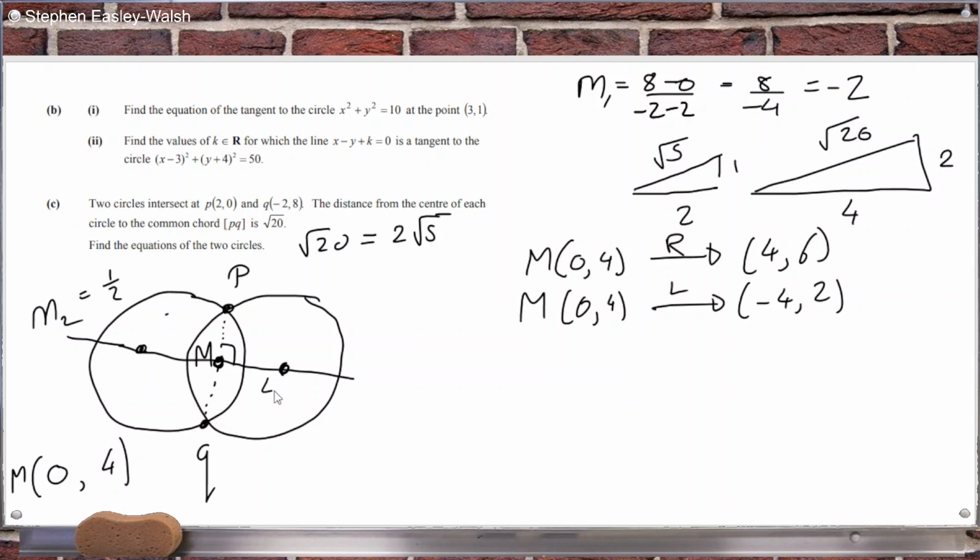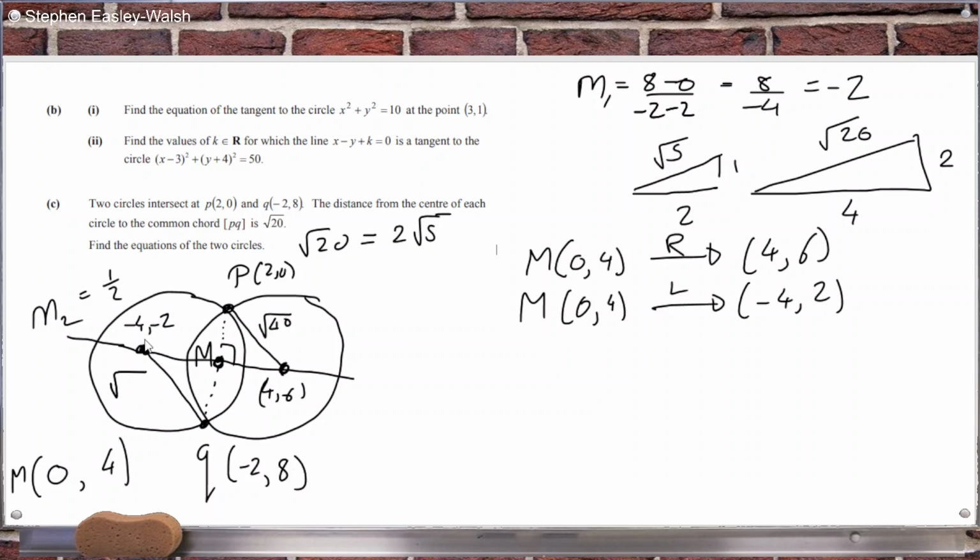So if this here is (4, 6), and we know the P there is (2, 0), then this distance here would be root 4 plus... root 40. And then this distance here for that circle, maybe it'd be the same. That's minus 4 minus 2, and the Q is (-2, 8).